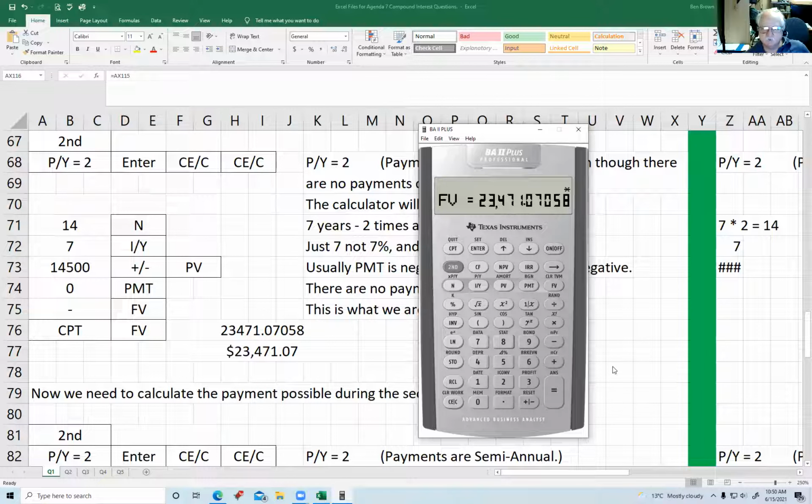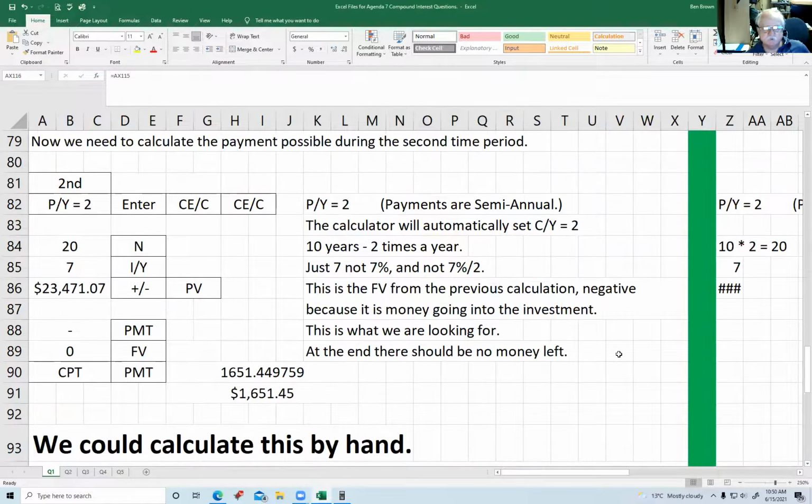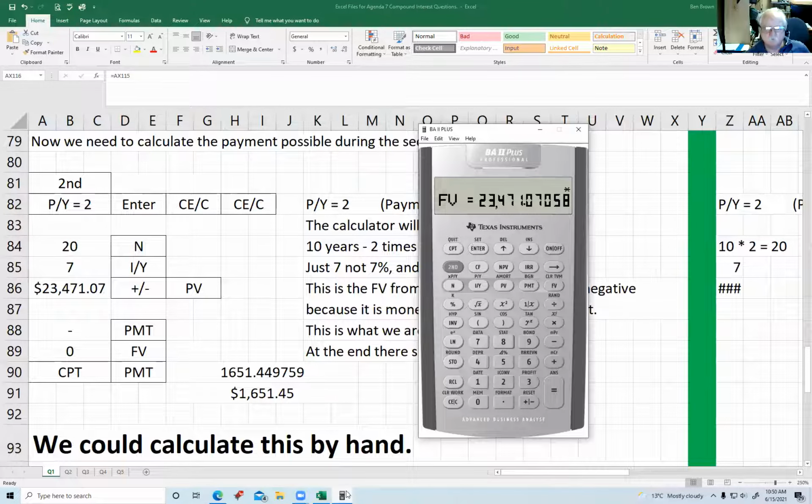So we can ignore that, and now we can go down to the other calculation. I'll clear that. You can all see the calculator now. Again, we don't want BGN up.